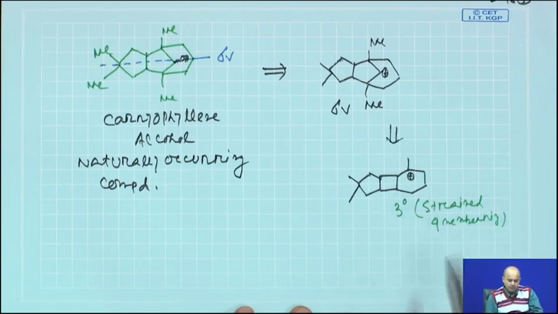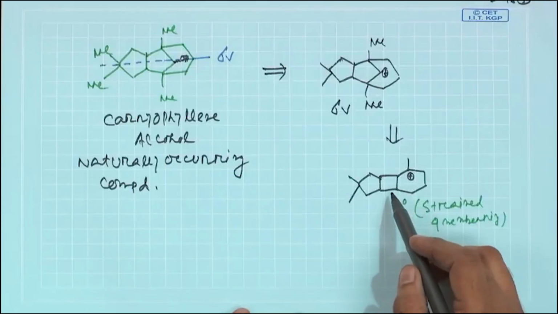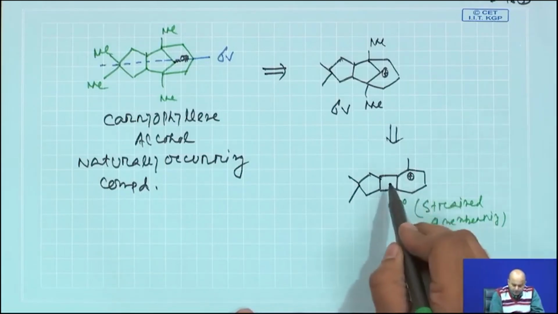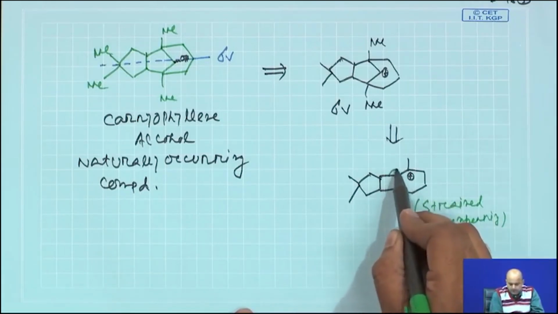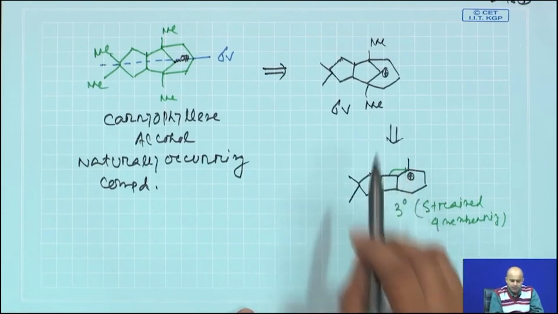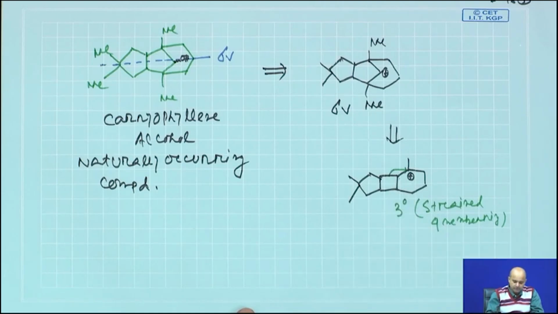The strained 4-member ring in this particular carbonium ion leads this carbonium ion to undergo a 1-2 migration. Now, if this bond basically migrates here, the 4-member ring is expanded to a 5-member ring, putting a carbonium ion or electropositive center at the central carbon.